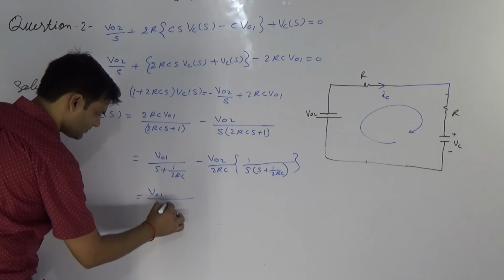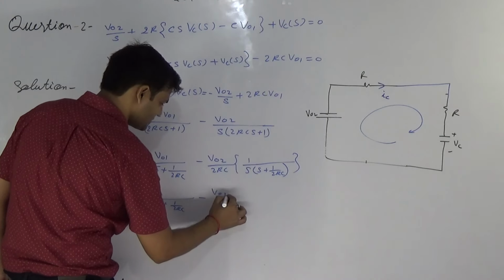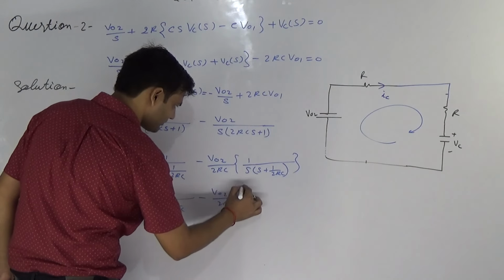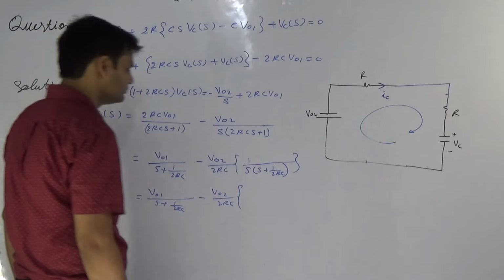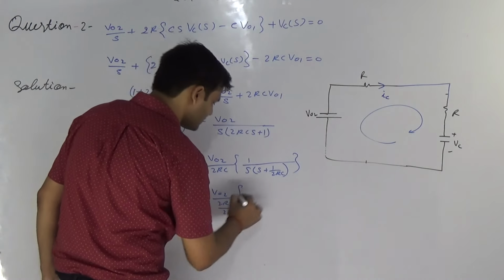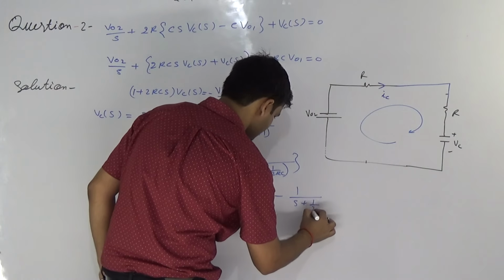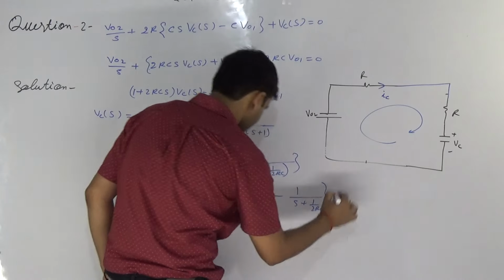V01 upon S plus 1 upon 2RC minus V02 divided by 2RC, divided by 2RC, because of 1 upon 2RC.